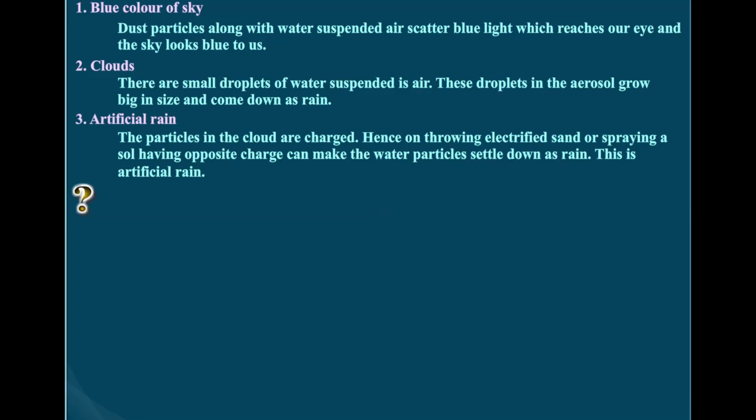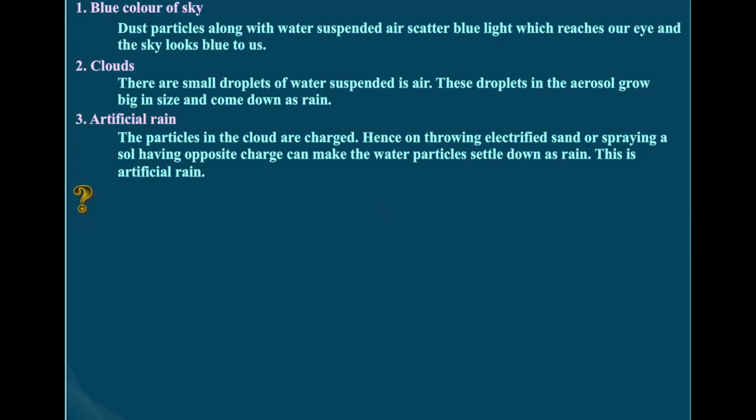These droplets, being colloidal in nature, continue to float in air in the form of mist or fog. Clouds are actually aerosols having small droplets of water suspended in air. On account of condensation in the upper atmosphere, the colloidal droplets grow bigger and bigger till they come down in the form of rain.